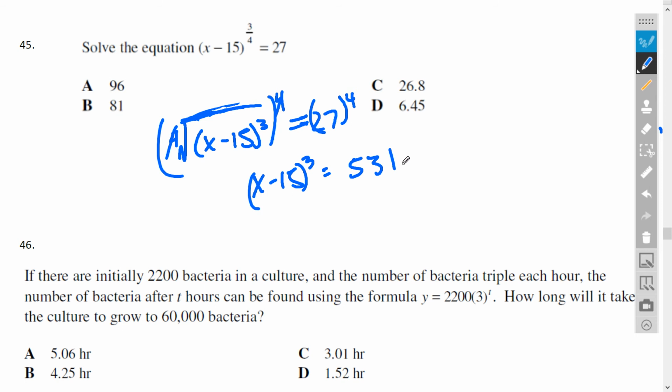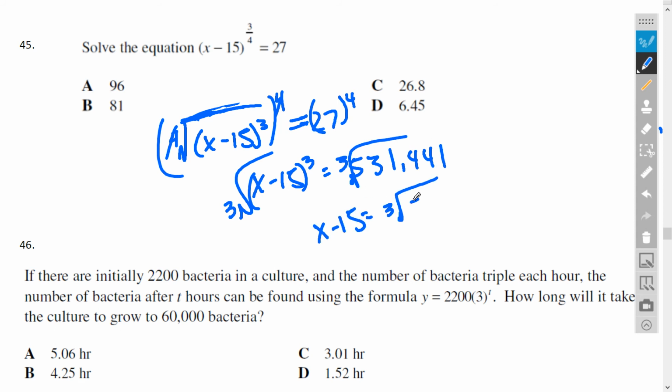It's 531,441. And then to get rid of this cubed, we would have to cube root both sides. So we'd have x minus 15 equals the cube root of 531,441. But I do think that is going to come out to an even number, or it's going to be a perfect cube. So let's see if that'll work. We want to take the cube root of 531,441.